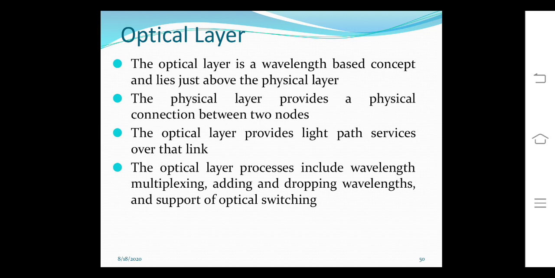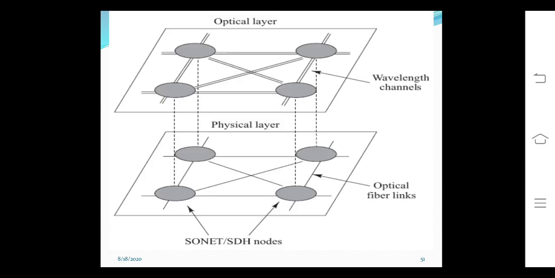That is the physical interconnection between the two nodes. The optical layer provides light path services over that link, and the optical layer processes include wavelength multiplexing, adding and dropping wavelengths, and support of optical switching. This diagram shows the physical layer and the optical layer, and you can see the interconnection between the nodes.